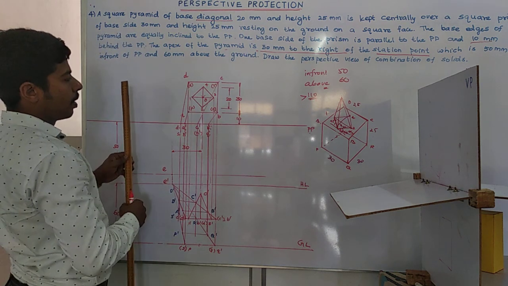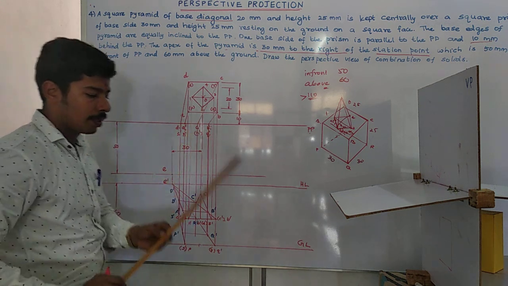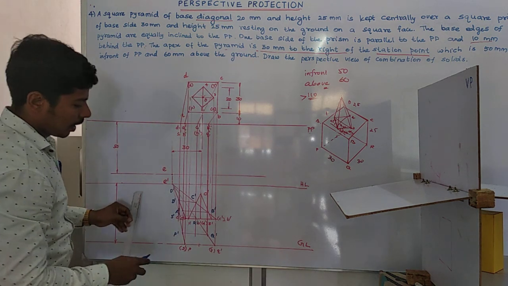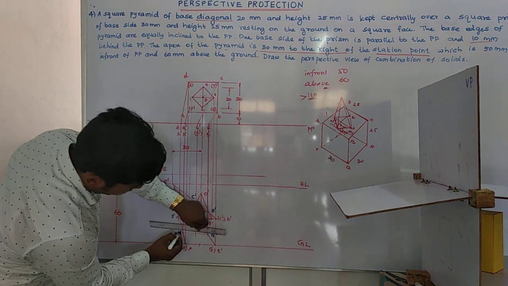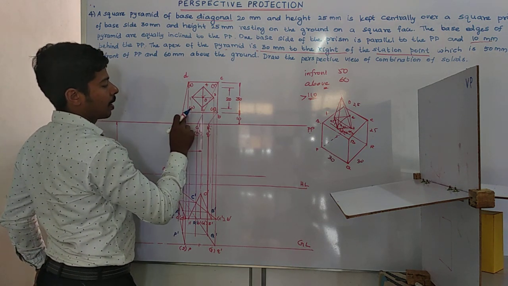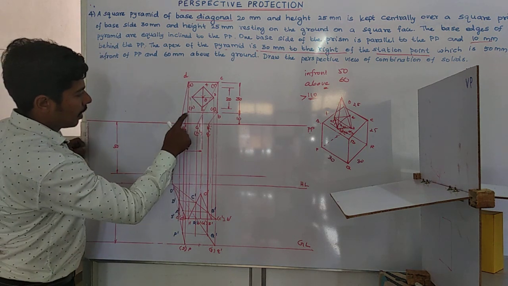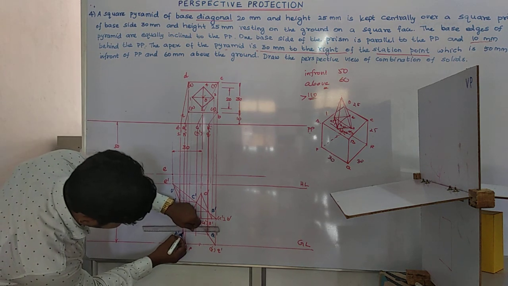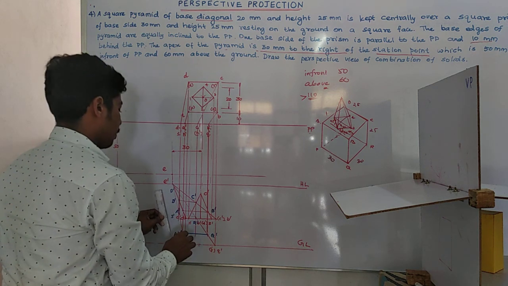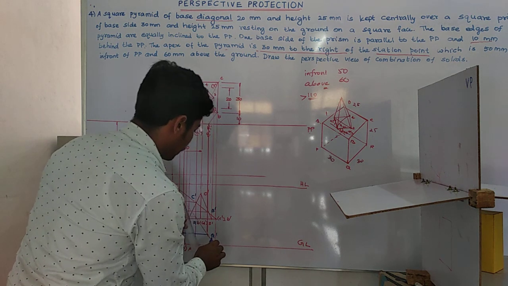For the pyramid, we can draw the lines. First, just mark the edges. What are the visible edges? From here I am looking, so these edges are visible: PQ and PS, and PA is visible.